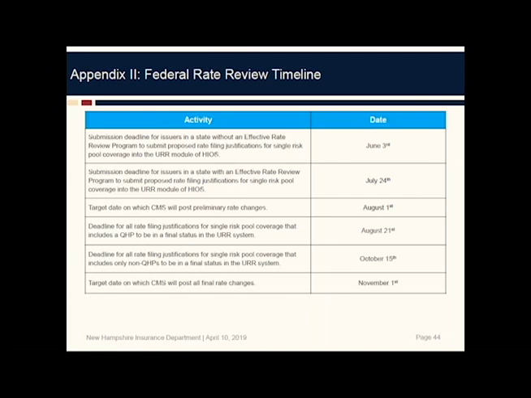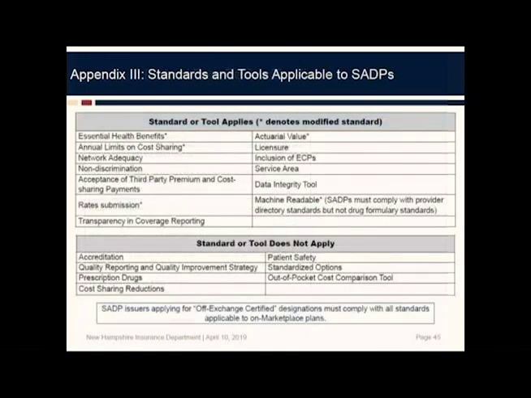The deadline for all rate filing justifications for a single risk pool coverage that includes a QHP to be in a final status in the URR system is due August 21st. The deadline for all rate filing justifications for single risk pool coverage that includes only non-QHPs to be in a final status in the URR system, October 15th. And target date on which CMS will post all final rate changes is November 1st. Next slide, please.